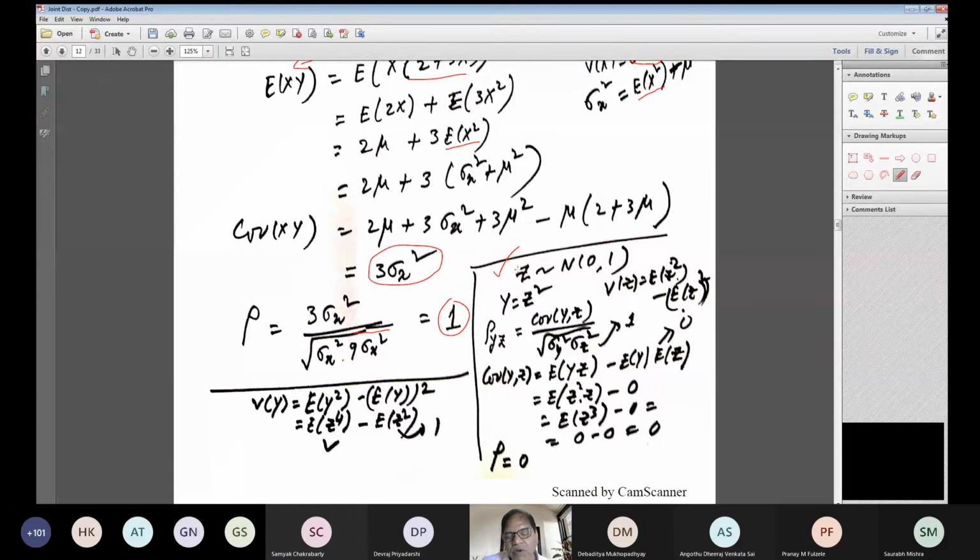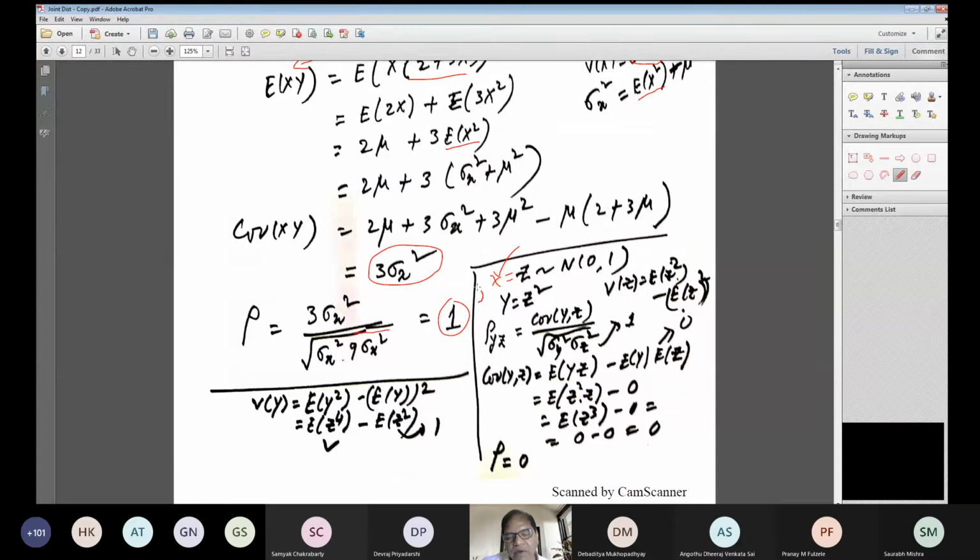I want to find the correlation between them. Here I can define this as X also. Say X is my Z, normal 0, 1, and Y is Z square. So I want to find what the correlation rho between X and Y is.